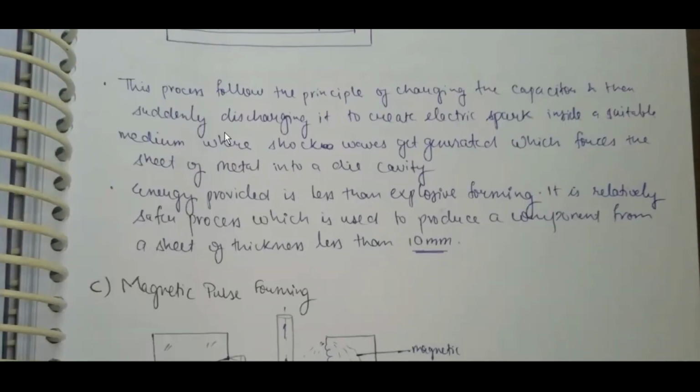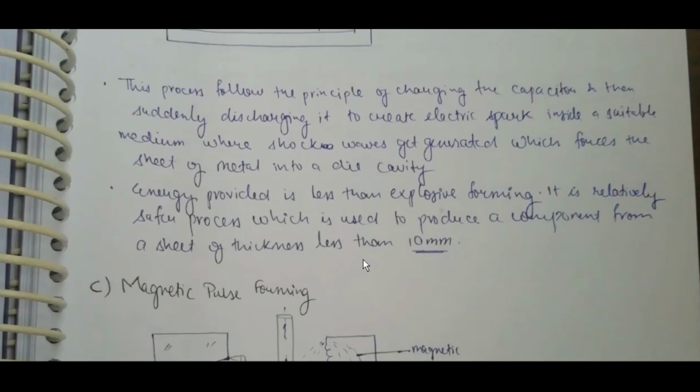The process follows the principle of charging the capacitor and then suddenly discharging it to create an electric spark inside a suitable medium where shock waves get generated, which force the sheet of metal into the die cavity. Energy provided is less than explosive forming. It is a relatively safer process which is used to produce a component from a sheet of thickness less than 10 mm.